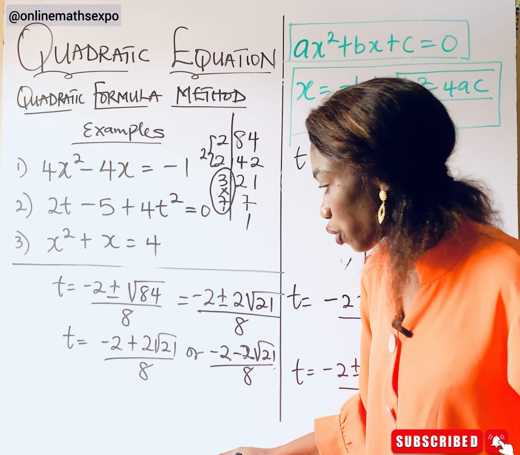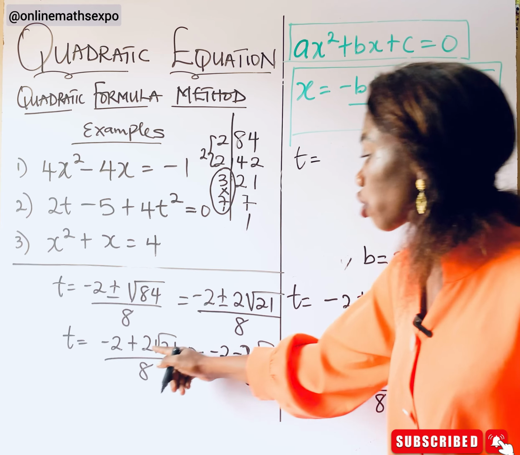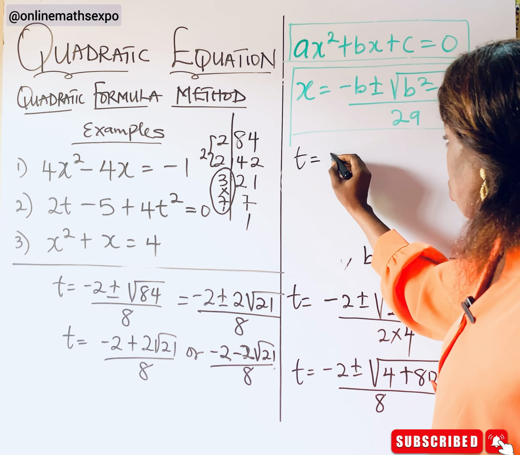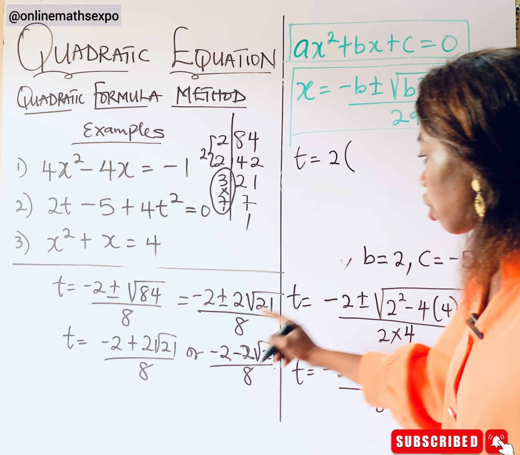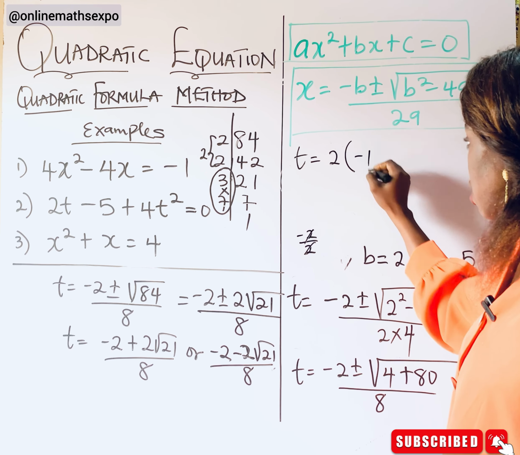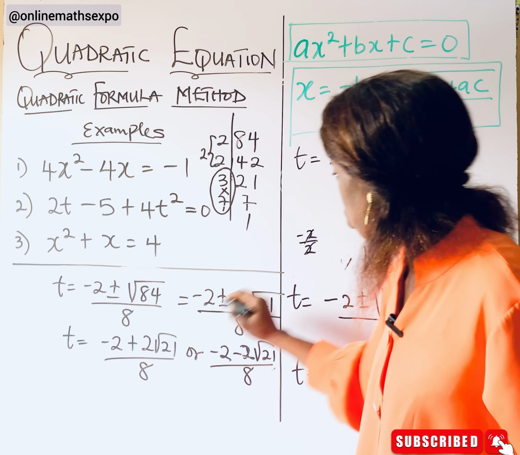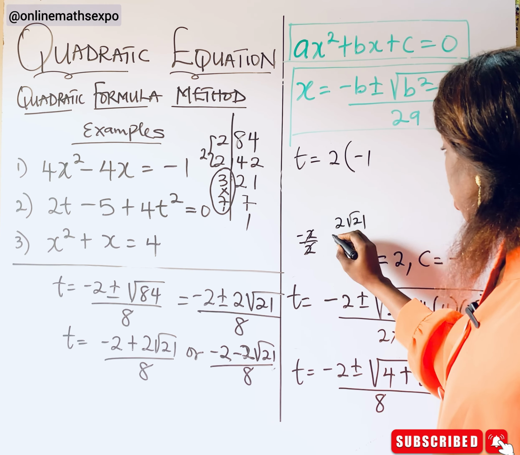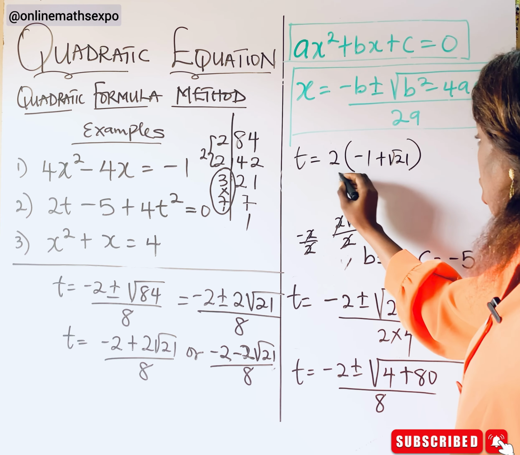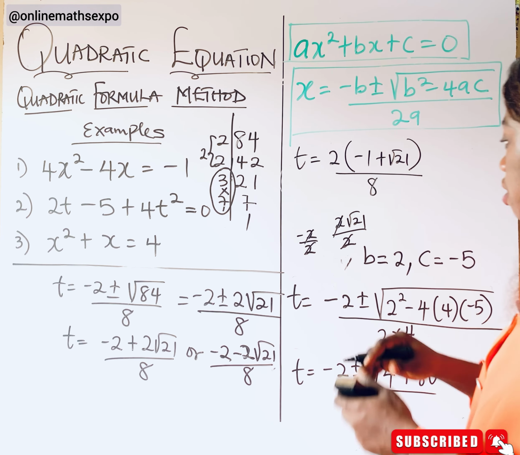So you can simply factor 2 out because 2 is here and 2 is here. Use 2 to divide negative 2, it will give you negative 1. Then use 2 to divide 2 root 21, it will give you plus root 21. And this is all over 8.